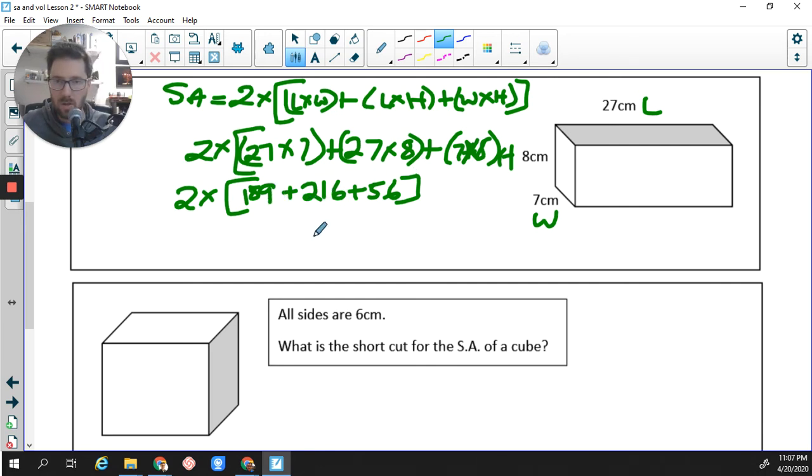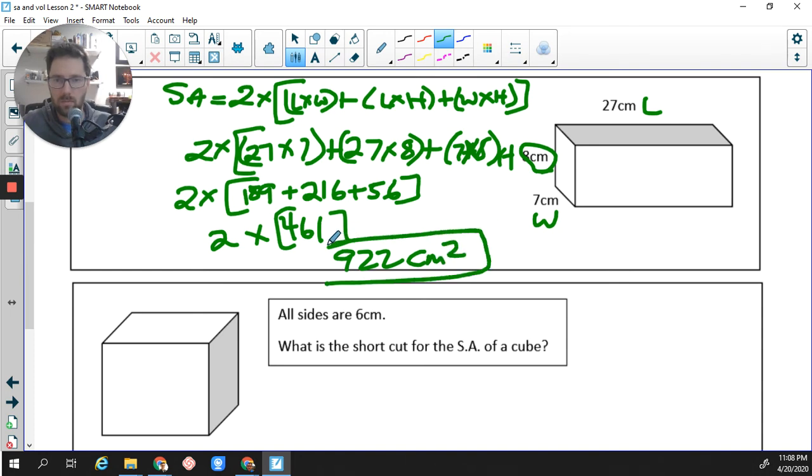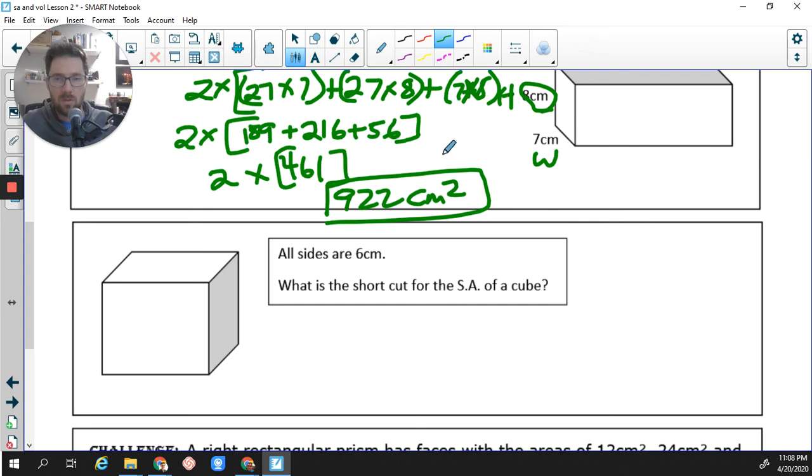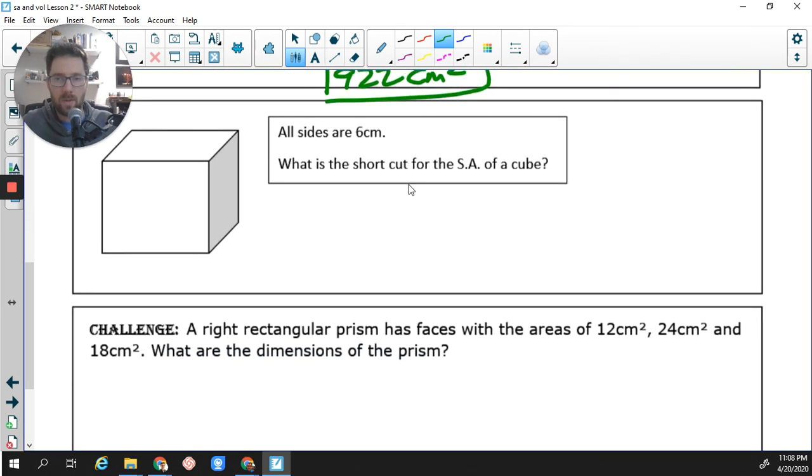Then in total, when you math that all together, that's going to even us out with 461. 2 times 461 is going to equal us to 922 what? Centimeters what squared? Okay. Not too bad. Once we know, okay, we need to just figure out the area of each one, add them all together, and then we can shorten our time a little bit by using that formula.